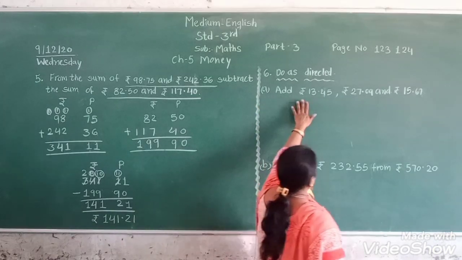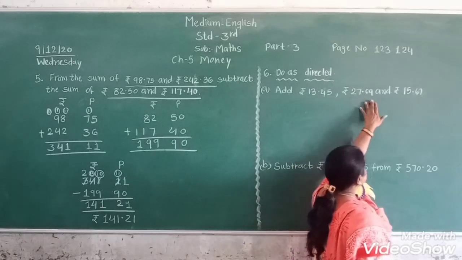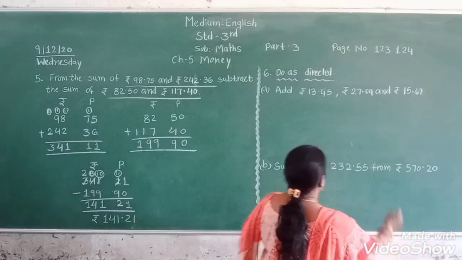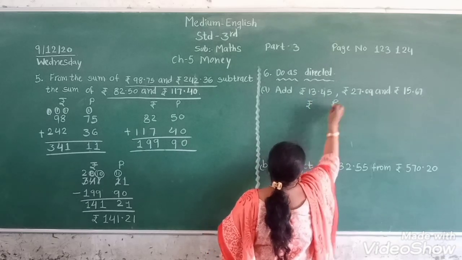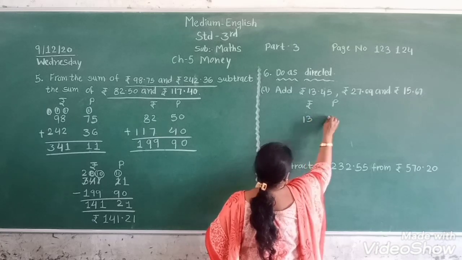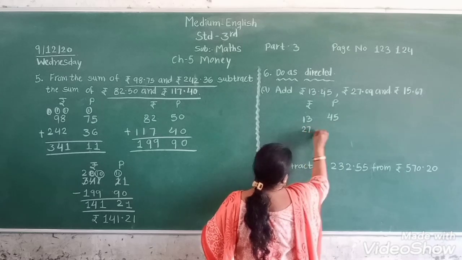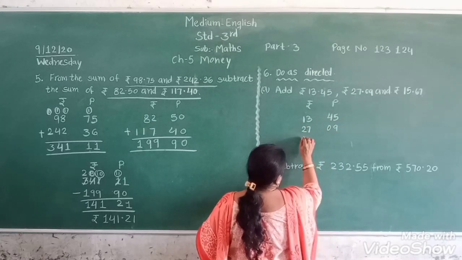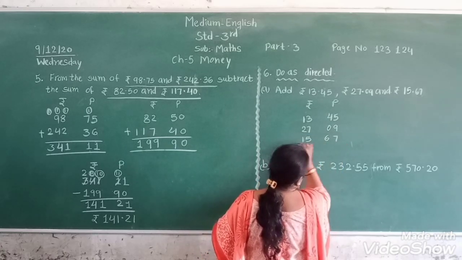Do as directed. Add rupees 13 45 paise, rupees 27 9 paise and rupees 15 67 paise. First we arrange the numbers in columns of rupees and paise. 13 rupees 45 paise, 27 rupees 9 paise and 15 rupees 67 paise.